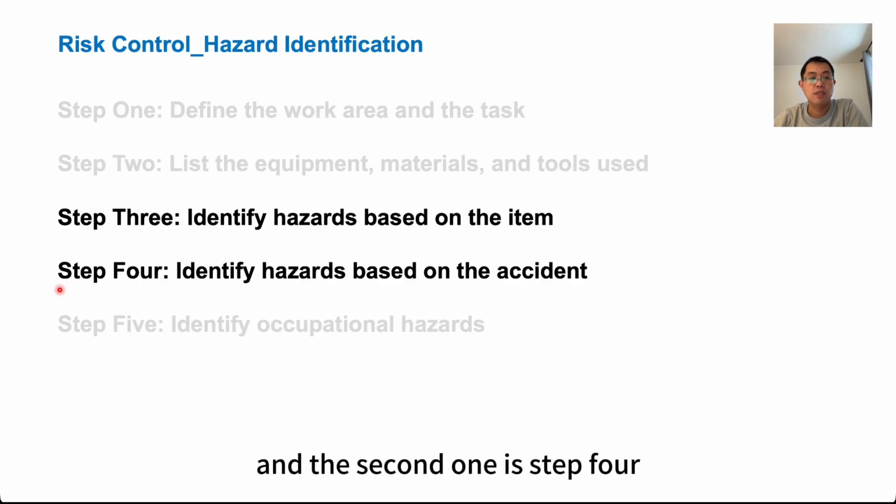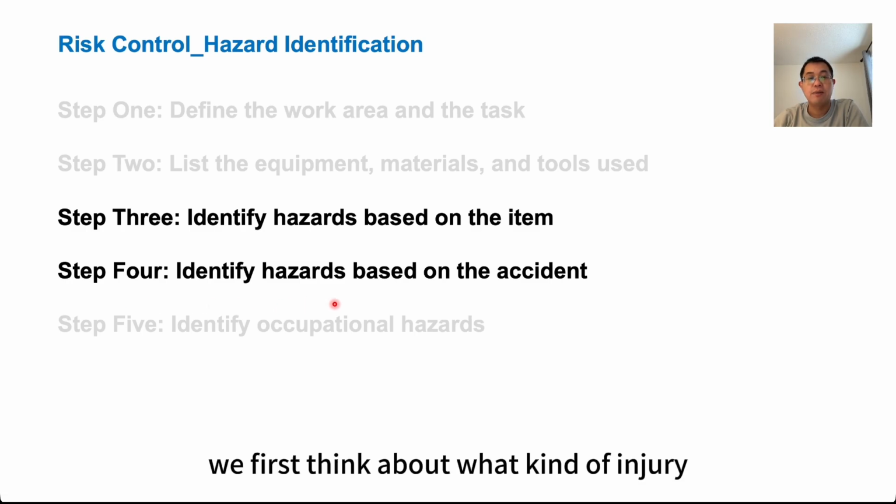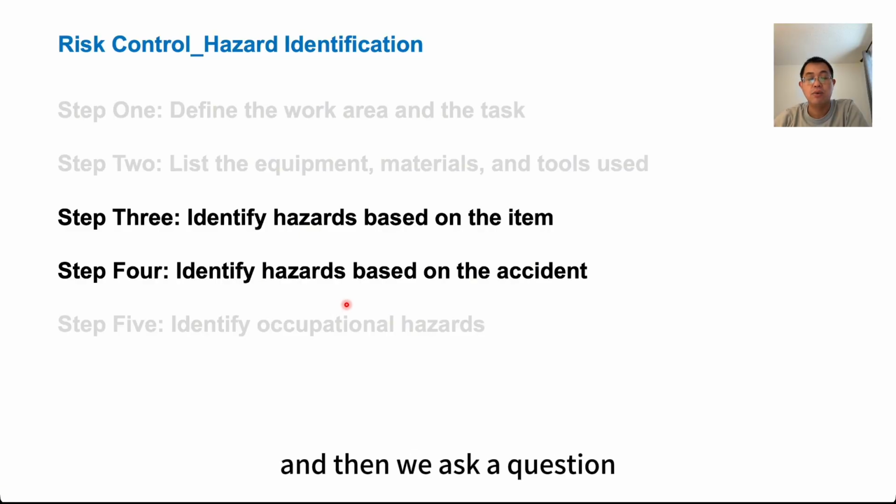And the second one is step 4, which is to work backwards from the injury. We first think about what kind of injury or harm could happen in the task, and then we ask a question: what hazard could cause this injury? So by using both methods together, we can identify hazards more completely and reduce chances of missing anything.